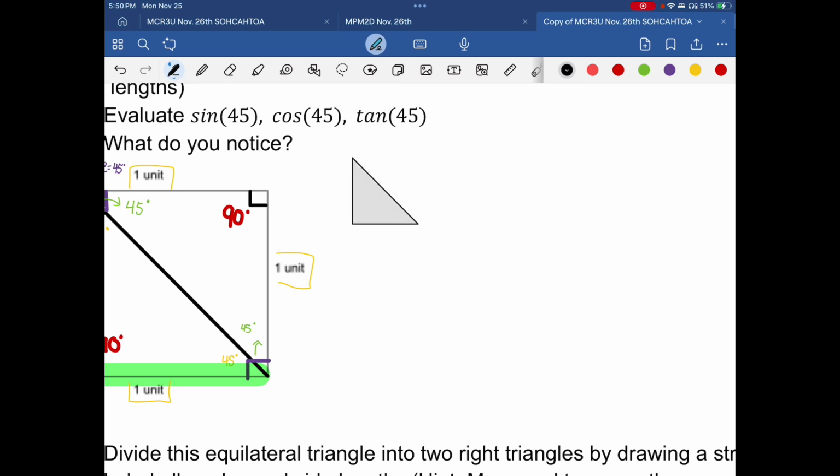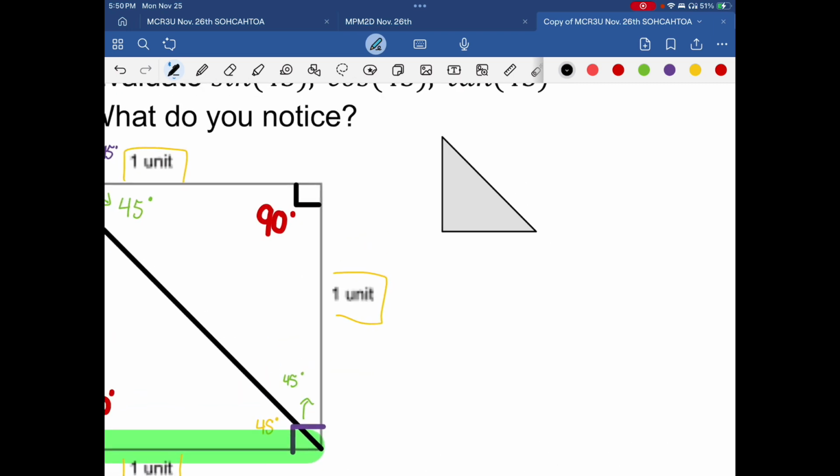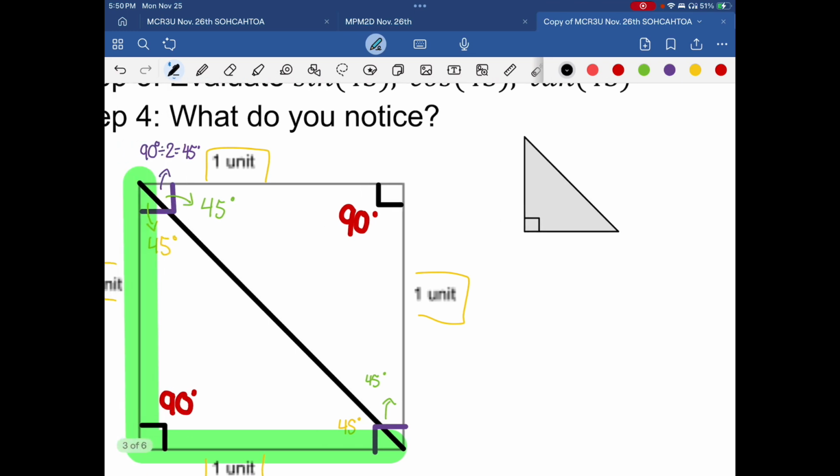But since these are basically the exact same triangle, all I need to do is calculate the hypotenuse once, and I will have the full measurements of both triangles. So then we'll say it's 1 unit, 1 unit. Okay, so how would I figure out my hypotenuse?